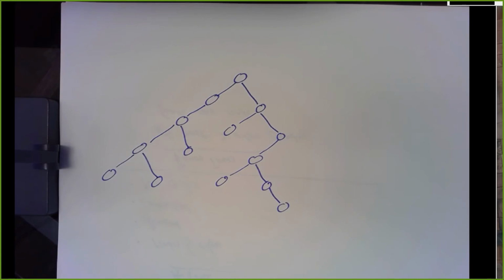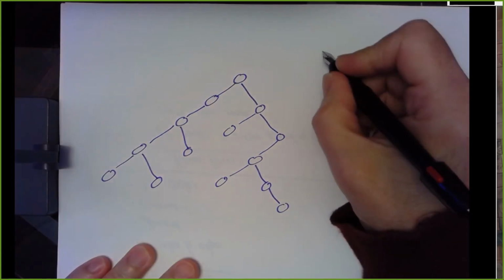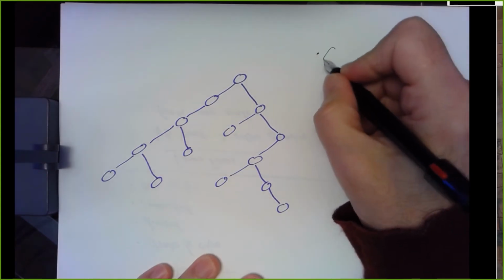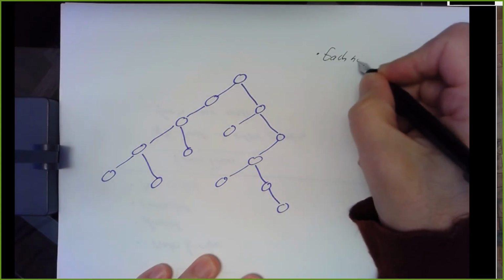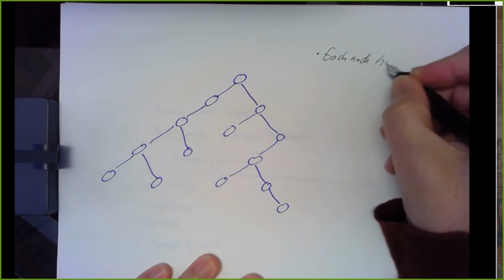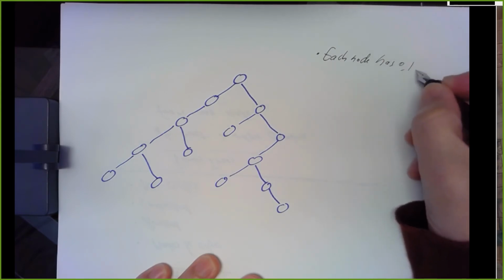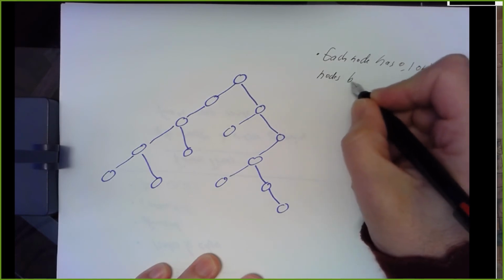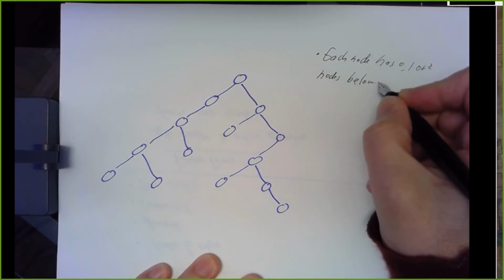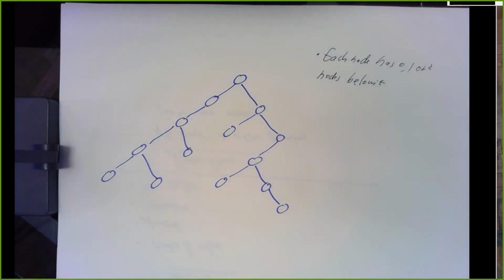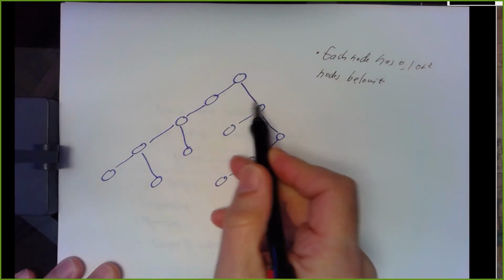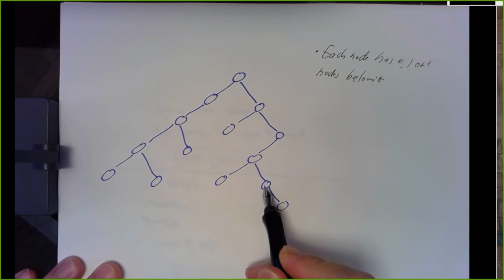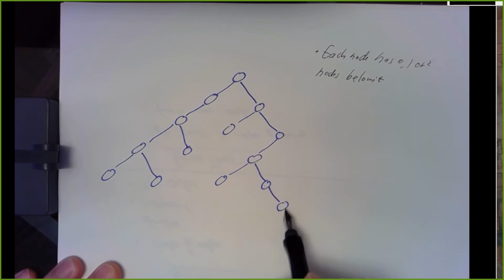And let's look at properties of this. Each node has 0, 1, or 2 nodes directly connected below it. This node has 2 nodes coming off of it. This node has 1 node coming off of it. This node has no nodes below it.